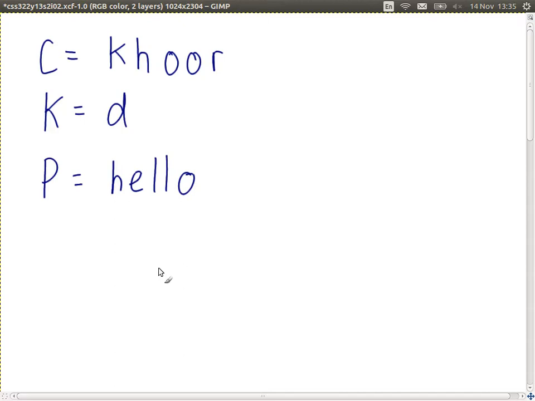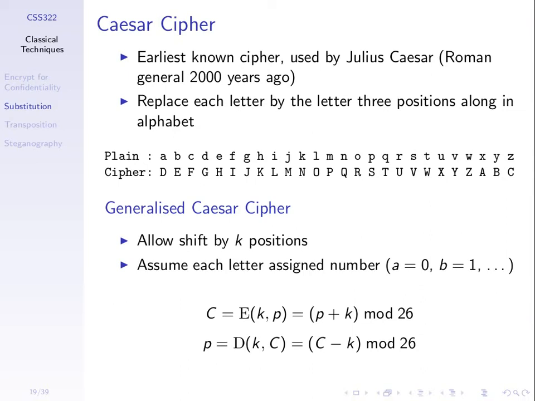Now, just some notation that I'll use. Sometimes we're assuming in this case the character set is just the set of 26 lowercase English letters. No spaces, no punctuation, no uppercase. Although note that often we write the ciphertext as uppercase.